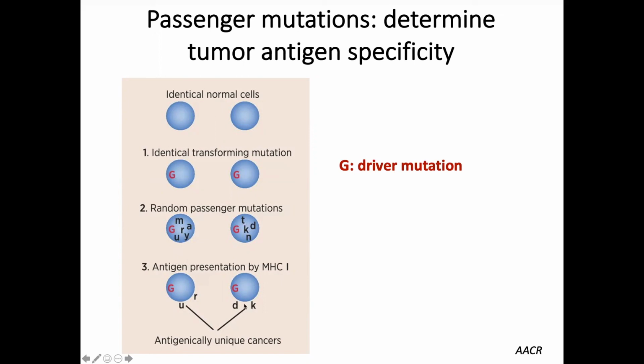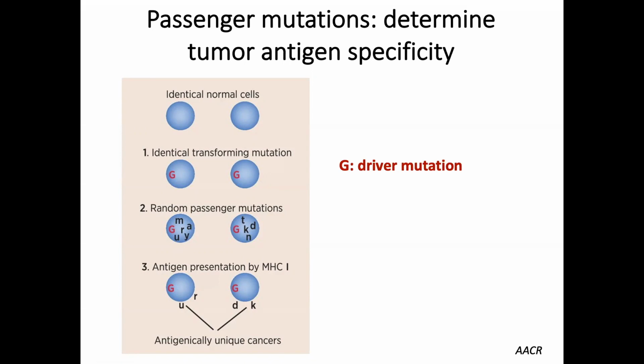Meanwhile, during tumorigenesis, many passenger mutations can be generated, and these mutations are different from cell to cell. In other words, the set of passenger mutations is unique to each tumor cell. But why is this important?